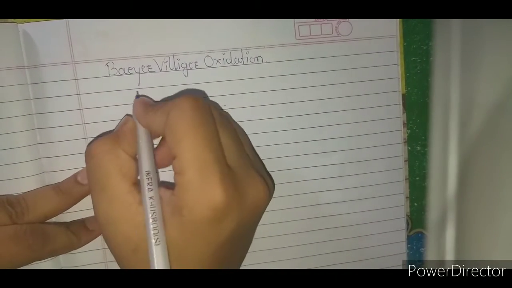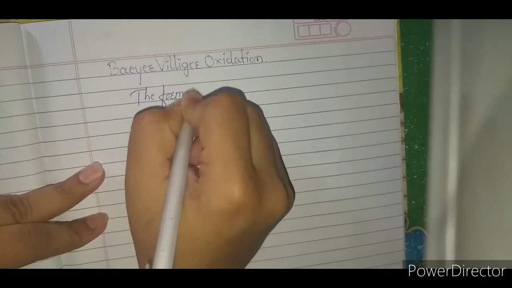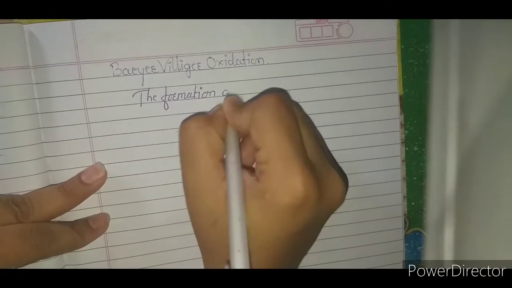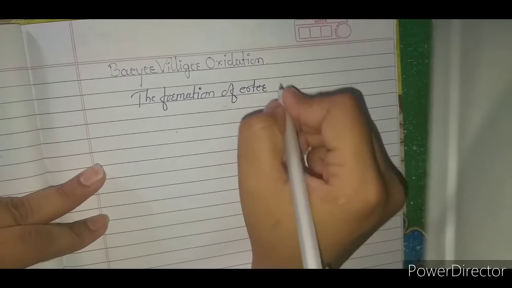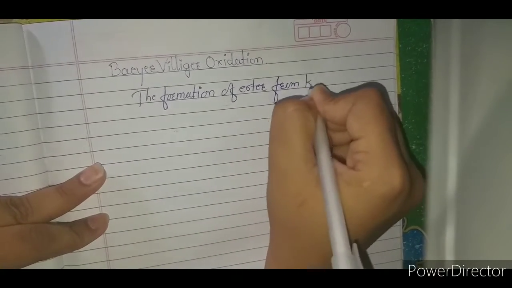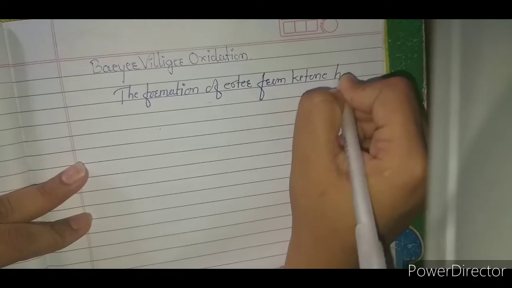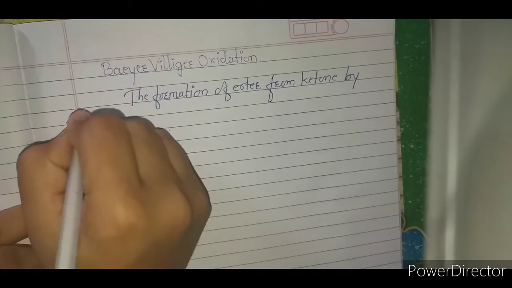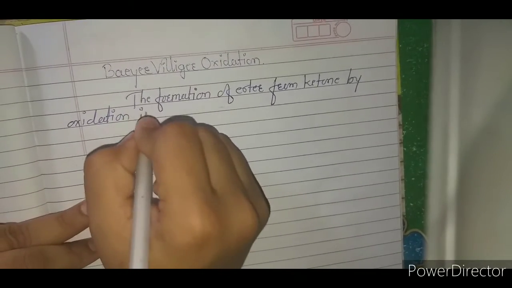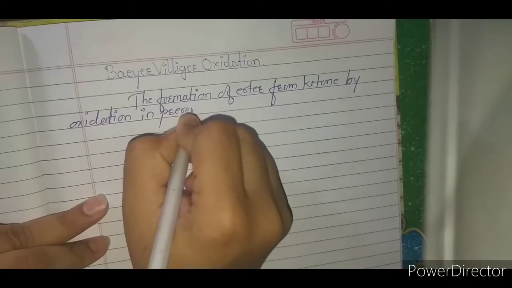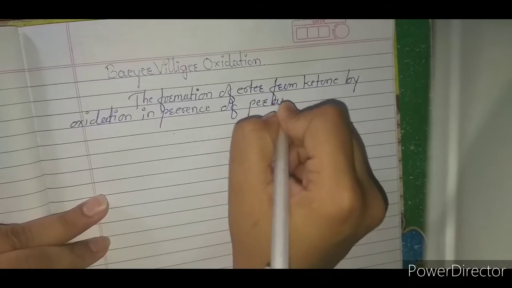involve the formation of ester from ketone by oxidation in presence of per acid.